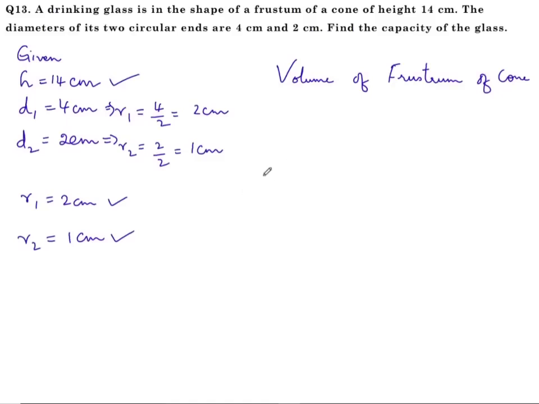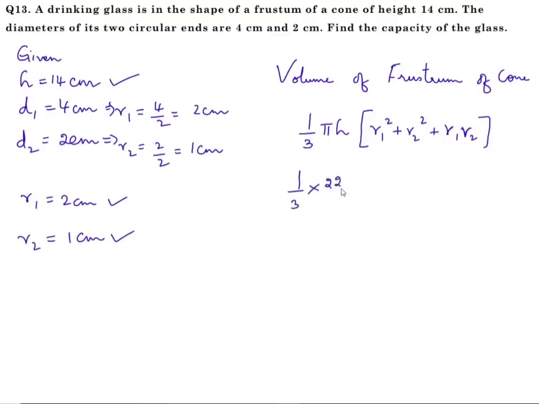Volume of frustum of a cone is 1 by 3 pi h times r1 square plus r2 square plus r1 into r2. Students, it is not v, it is r. Now substitute the values.